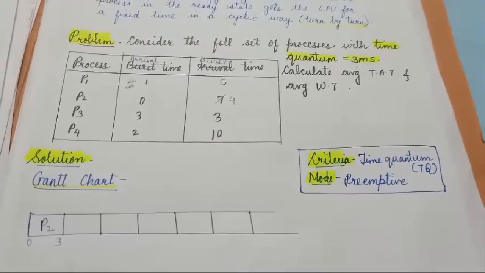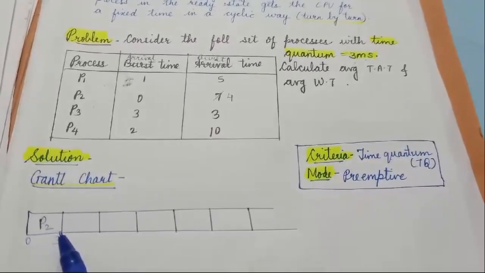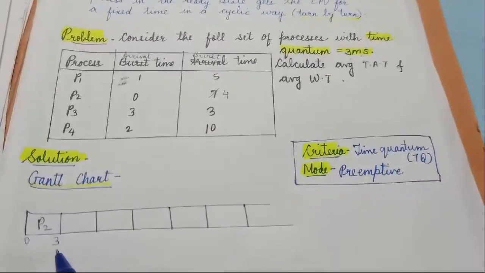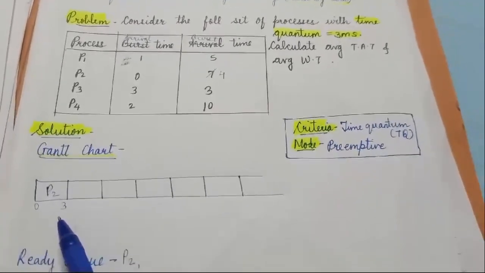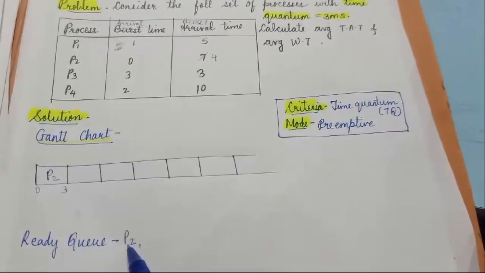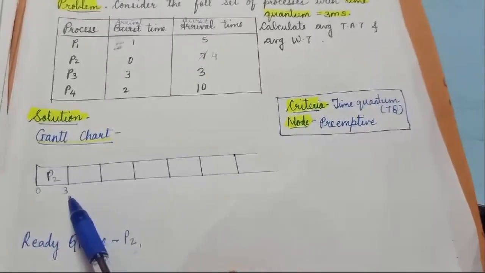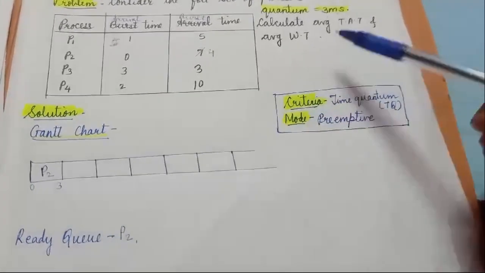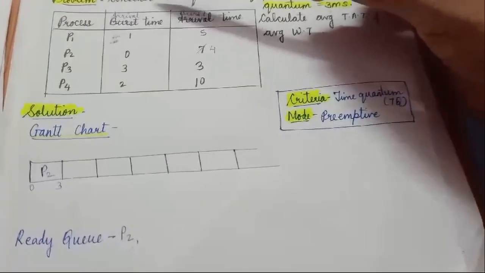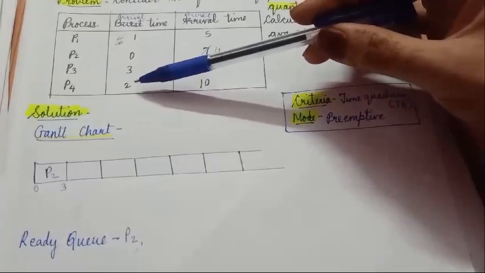So here P2 will process from 0 to 3, and in the ready queue first was P2 as its arrival time was 0. After 3 seconds, all the remaining processes arrived: P1 at 1, P3 at 3 and P4 at 2.